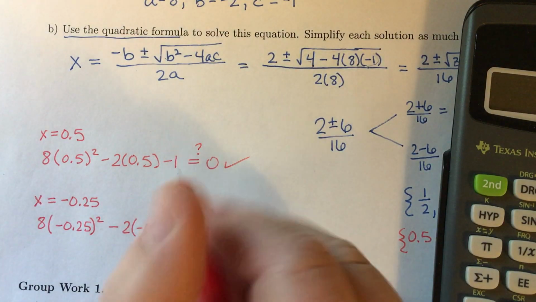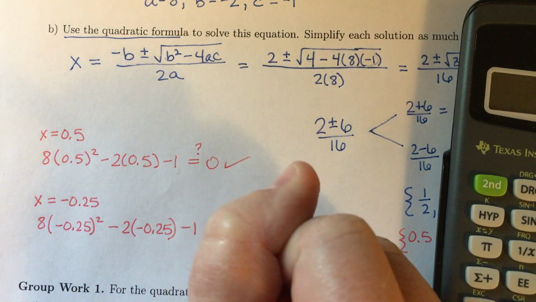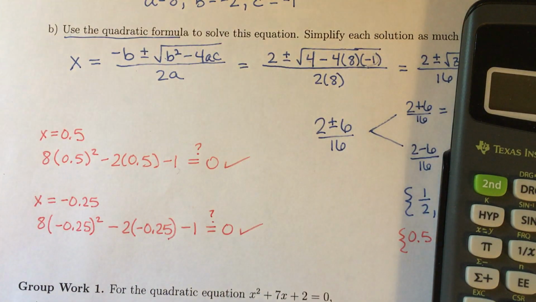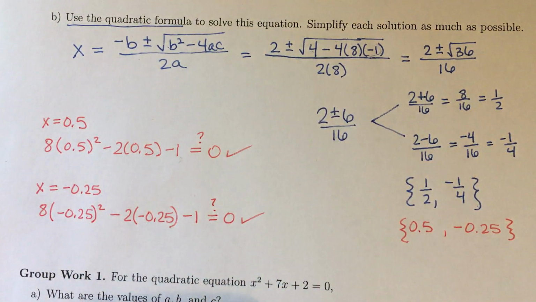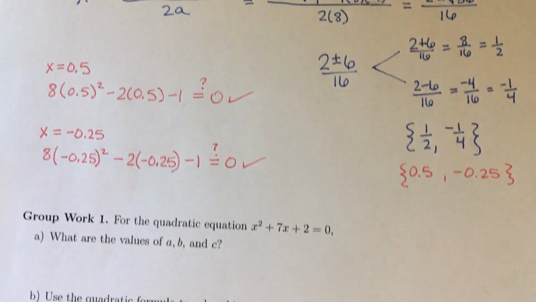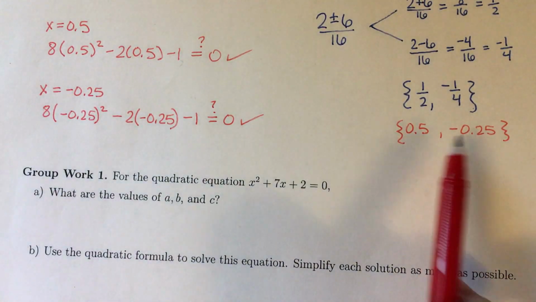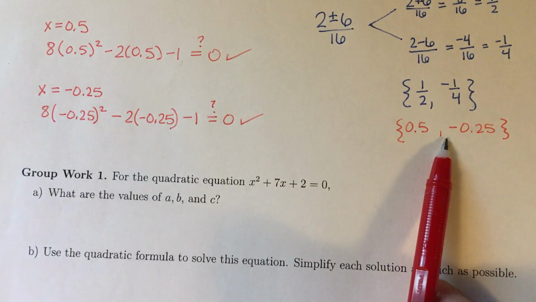Looks like 0. So that means it checked out. And both of our solutions do work in the original equation. And that's what the quadratic formula does for us. It finds x values that make the equation true.